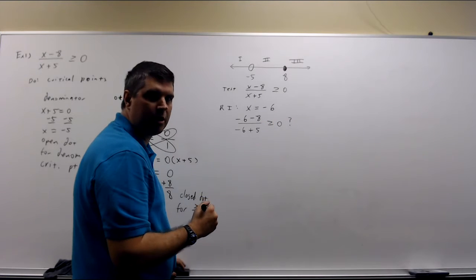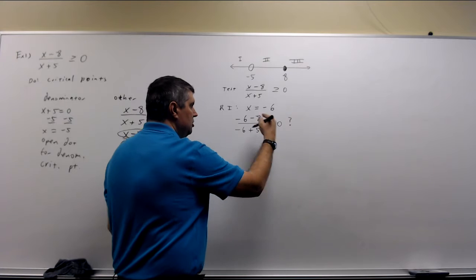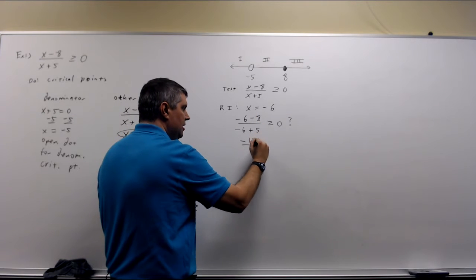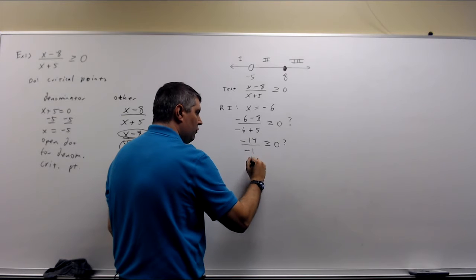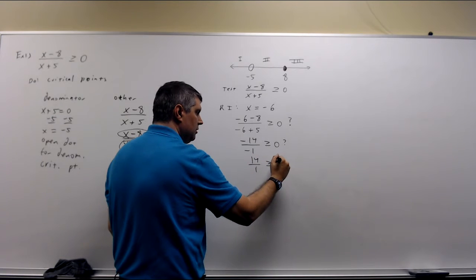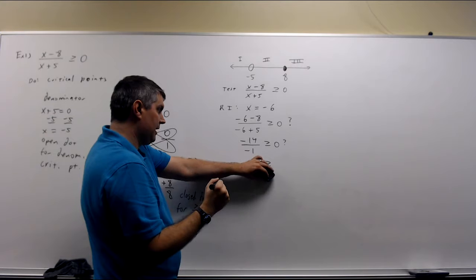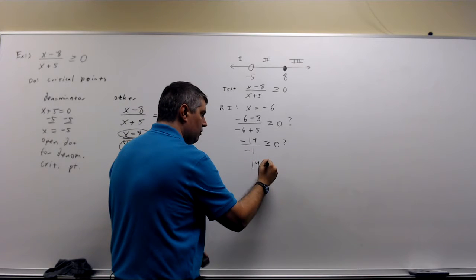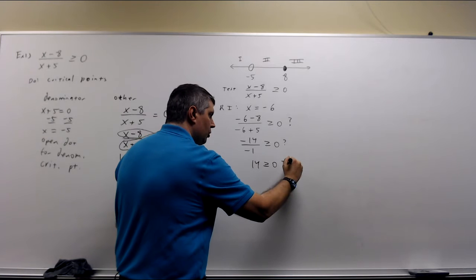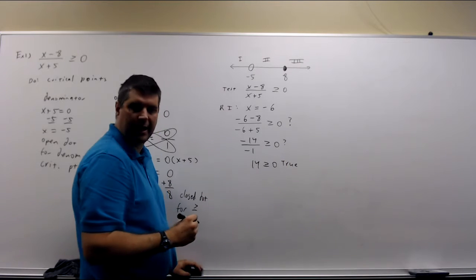That's negative 14 over negative 1, which is just 14. So 14 greater than or equal to 0 is true. Okay?